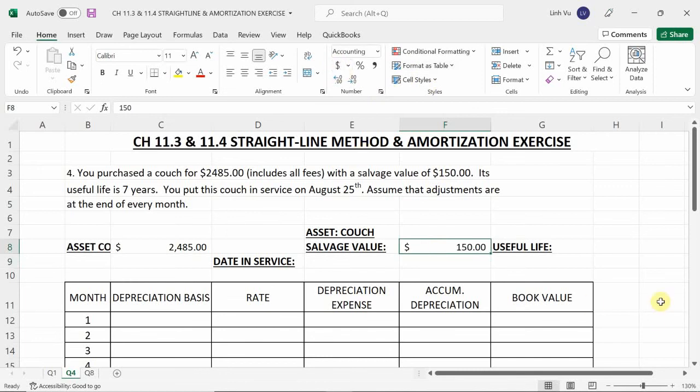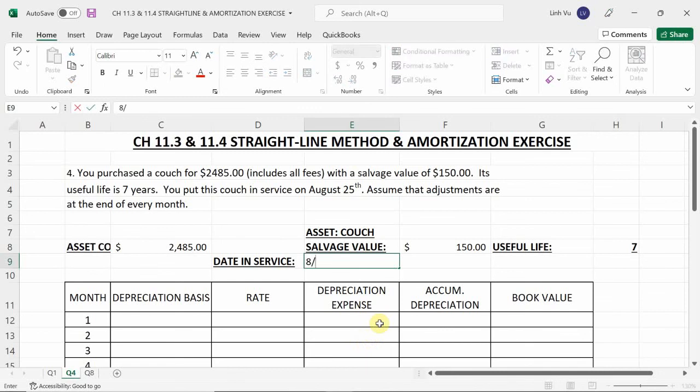It's useful for 7 years. And when did you place it into service? August 25th. So what does that tell you? Are you going to depreciate for the month of August, or are you going to depreciate the next month? Next month, because August is already mostly done. Good.